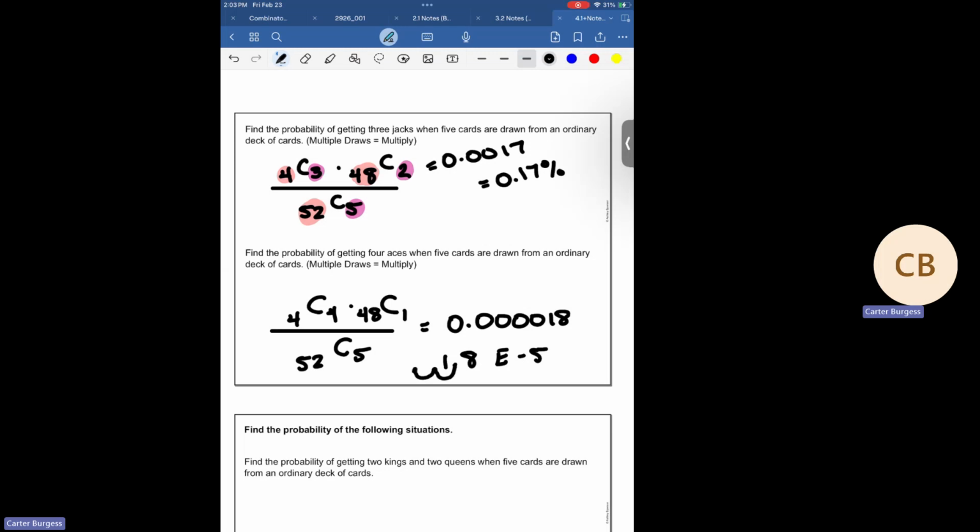So 1, 2, 3, 4, 5. Decimal should be right here, and each of these should be zeros. In other words, the number of zeros should be 1 less than whatever that number is. So 1, 2, 3, 4 zeros, and then my first digit.